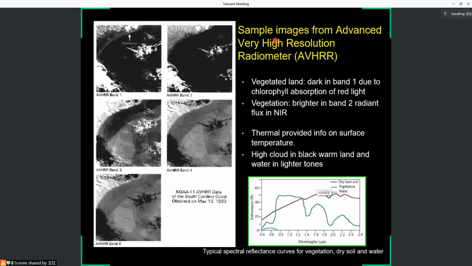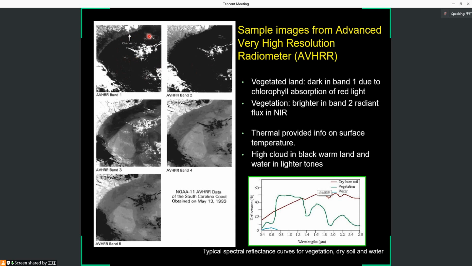And these are some sample images from the AVHRR. You see band 1 and band 2, which are visible and near infrared.